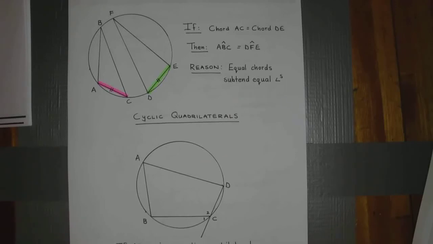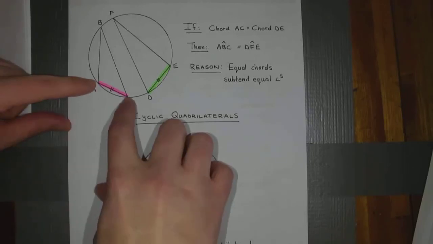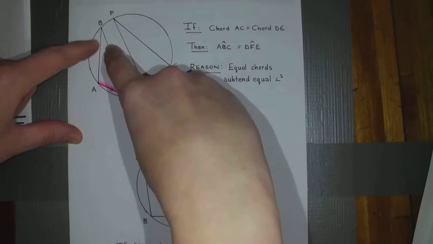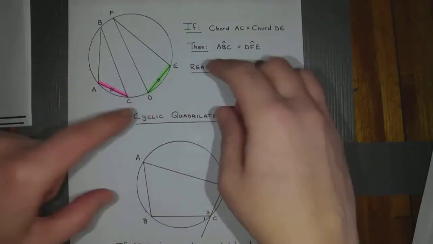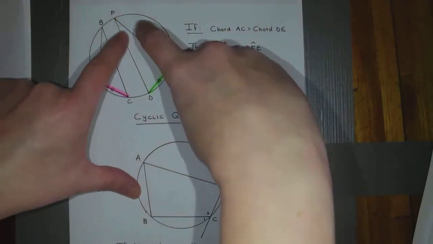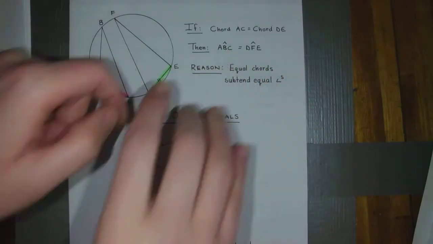A corollary. So it's not a formal theorem per se, but it says, if I don't have the same arc subtending two angles, but I have equal arcs or equal chords, meaning AC is the chord that subtends angle B on the circumference, and DE is the chord that subtends angle F on the circumference.